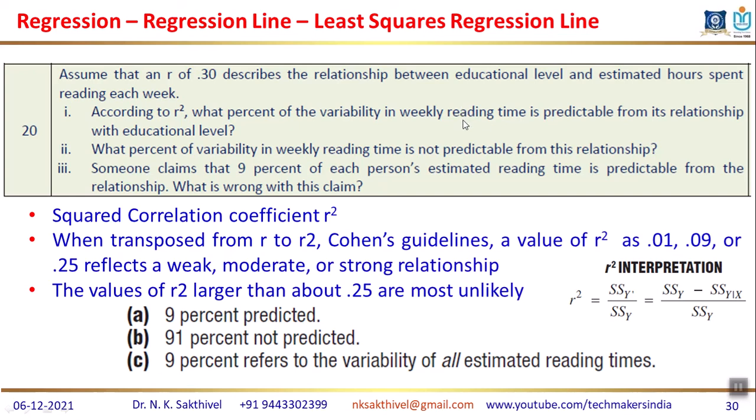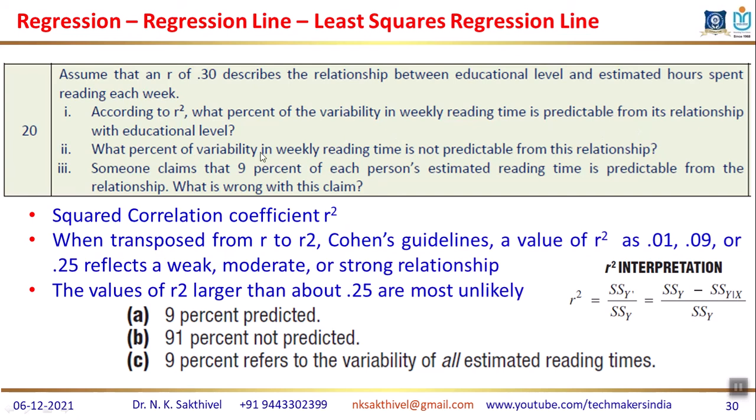Understand the meaning? Okay. So the question is, what percentage of variability in weekly reading time is not predictable? For this question, what is the answer for the predictable part? 9%. Why? According to R squared, 9% means the percentage of variability in weekly reading time that is predictable from its relationship.